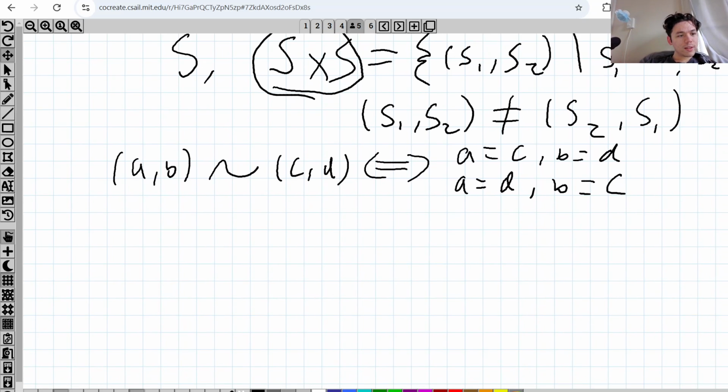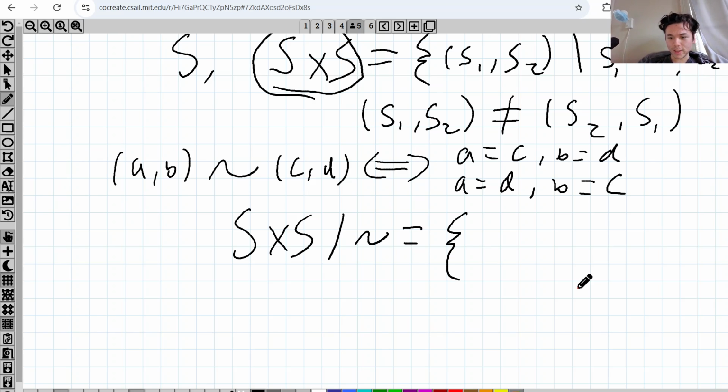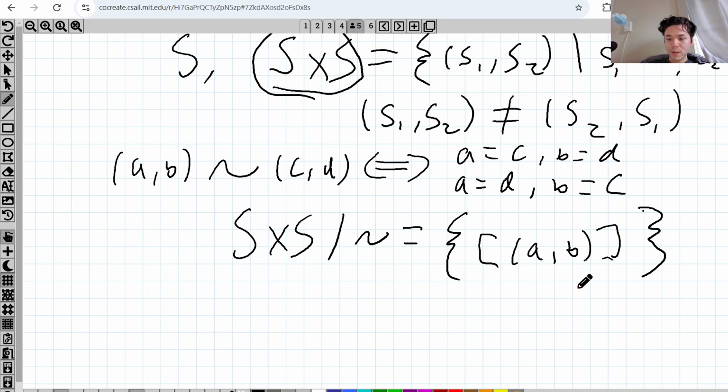And so when I do this, I take the set S times S, and I take it modulo the equivalence relation tilde, and what do I get? Well, I get a bunch of equivalence classes of these a comma b's. And when I look at those, I'll notice that for every a in S, I'll get the equivalence class of a comma a, and those classes will only contain single elements, and so I'll have all of the subsets of S of size 1.